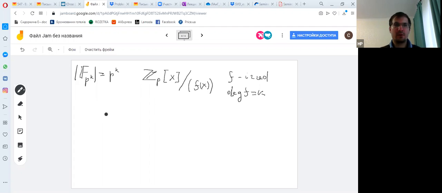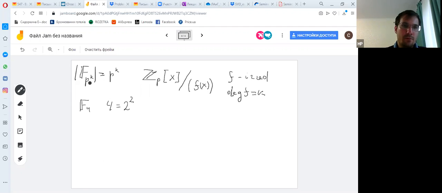Okay, I understand that this looks very, very difficult, but let us give an example, and maybe after this example you change your mind and say that this is not so difficult. I hope so. Okay, we need the field F4 which has 4 elements. So 4 equals 2 to the power 2.